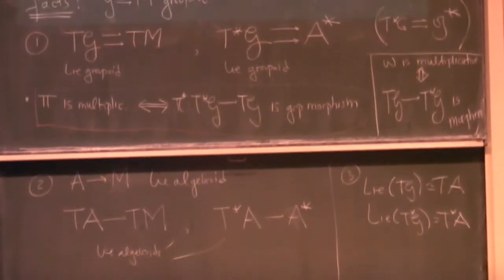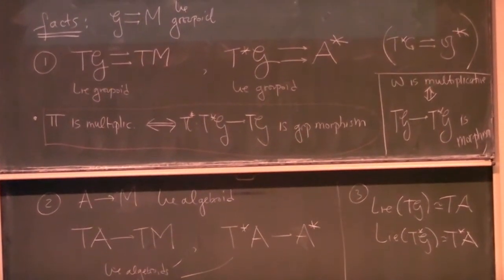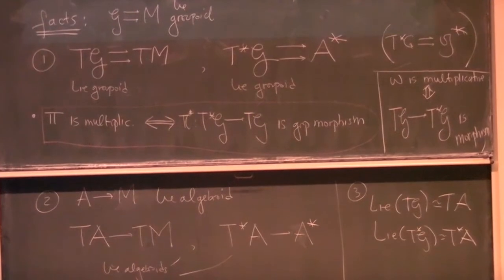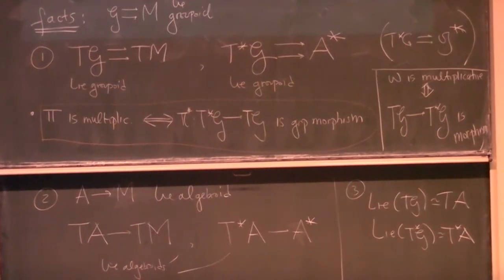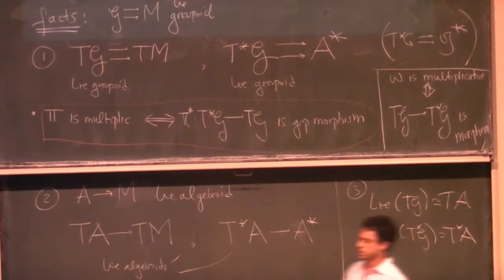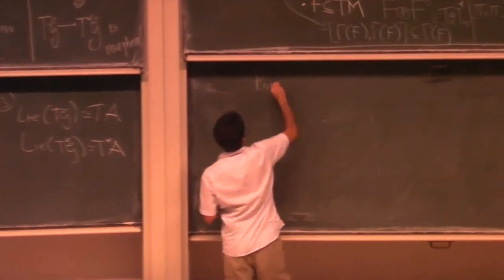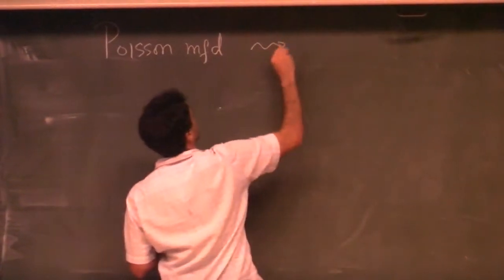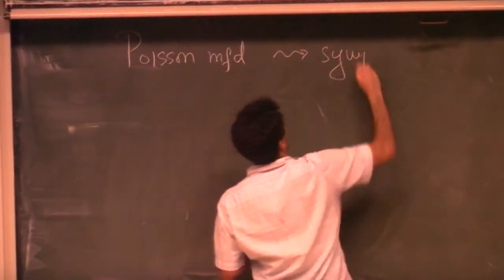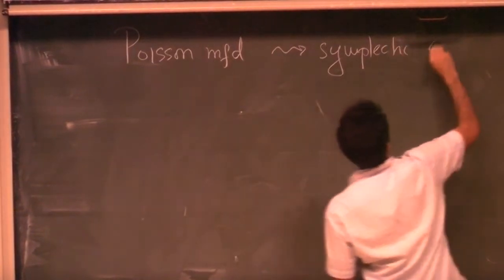So let me now just sketch the proof of these results. First of all, going from a Poisson manifold to a symplectic groupoid.